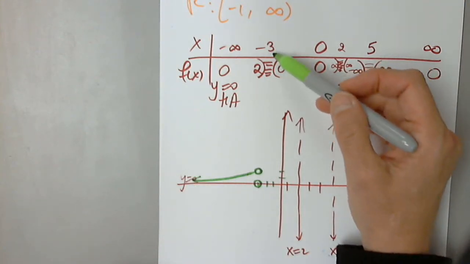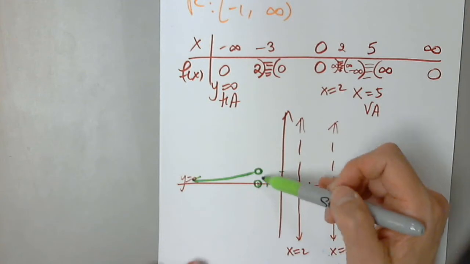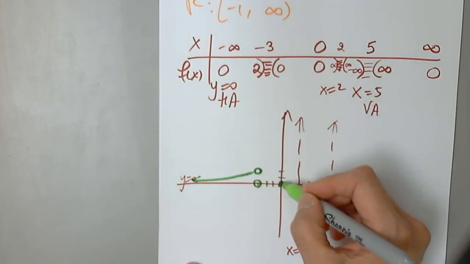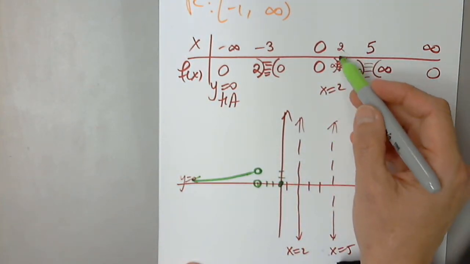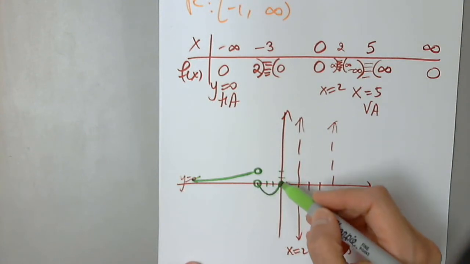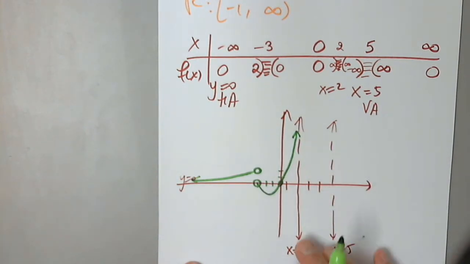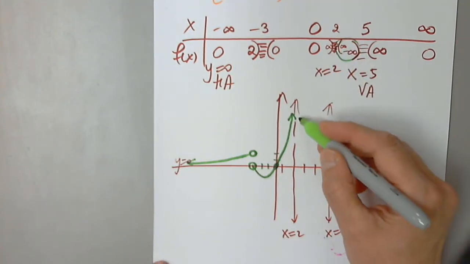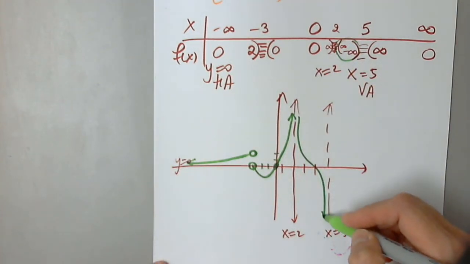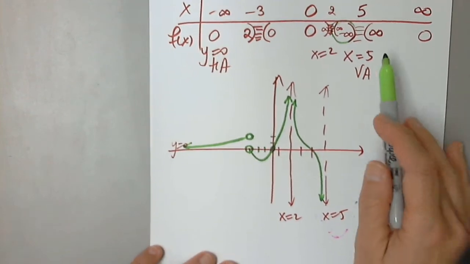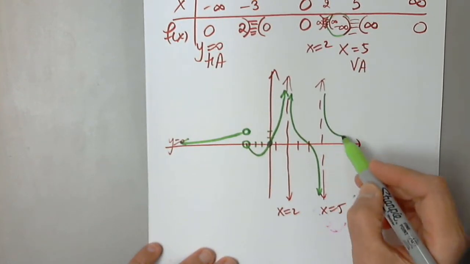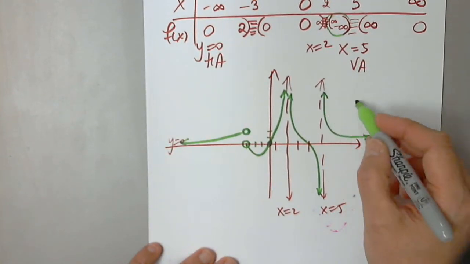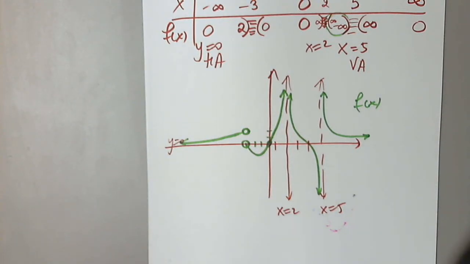Then negative 3, 0 is this point. It has to pass through 0, 0, and it goes to infinity on the left hand side of 2. No problem. In between here, I have from positive infinity to negative infinity. No problem. And on the right hand side, I have from positive infinity to 0. This is my suggestion. You can come up with many other functions.